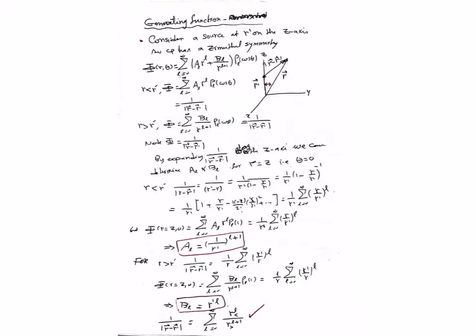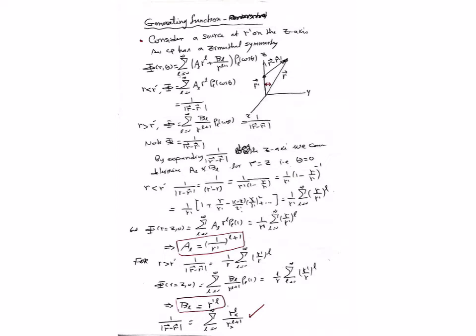Now I am taking r prime along the z-axis, and in the case when r is greater than r prime, phi is given by this expression. If r is lesser than r prime, it is given by this expression.